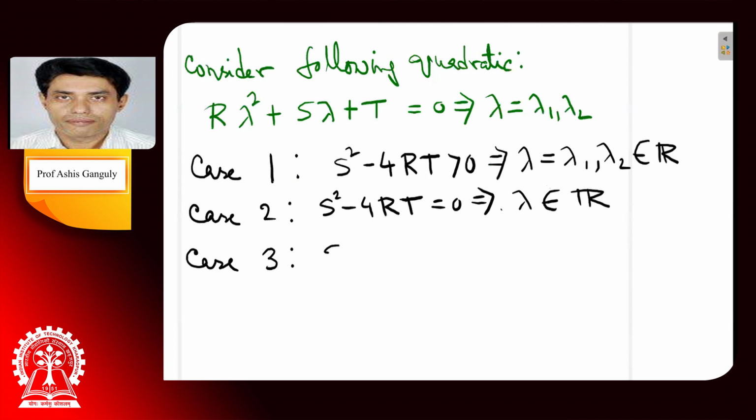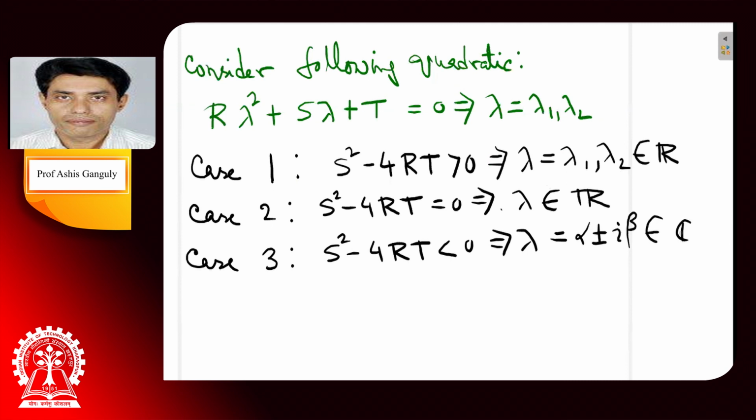Case 3, when S square minus 4RT is less than 0, you will get, of course, complex conjugate pairs, which belong to the complex group.